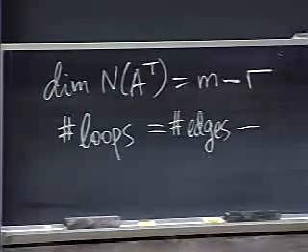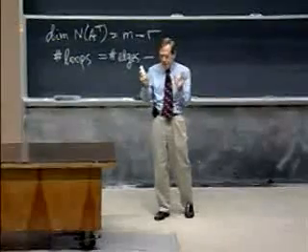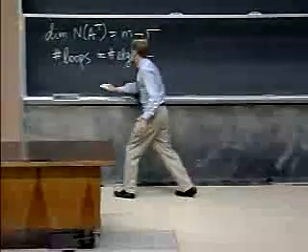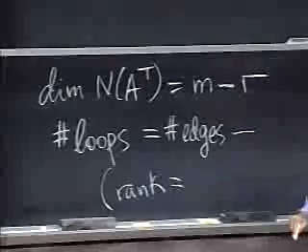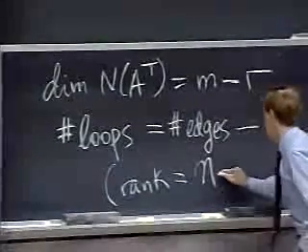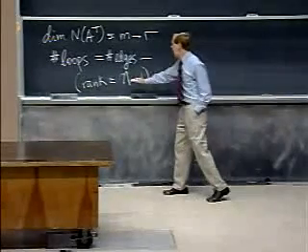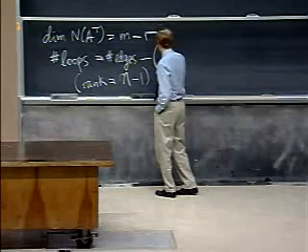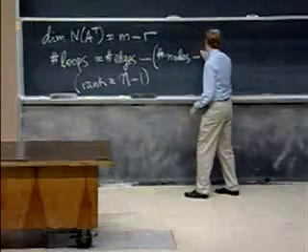We have to remember way back, the rank came from looking at the columns of our matrix. So what's the rank? Rank was n minus 1, because there were n columns coming from the n nodes, so it's the number of nodes minus 1.